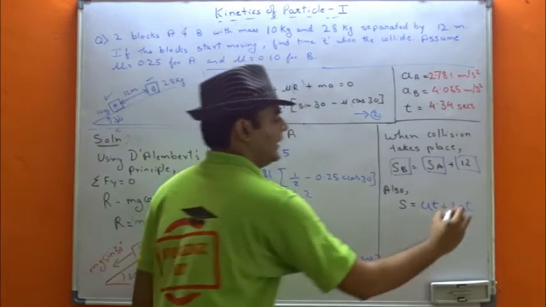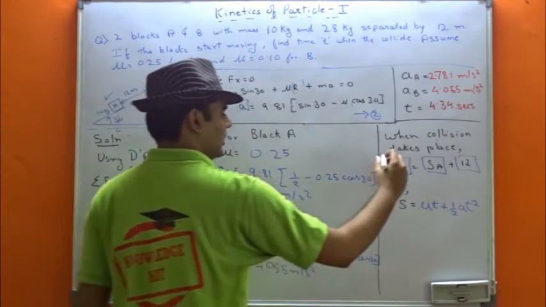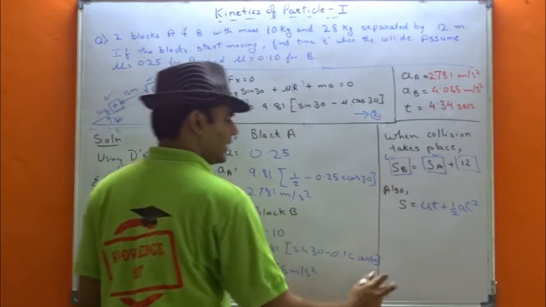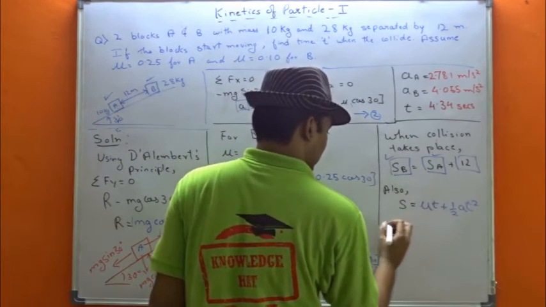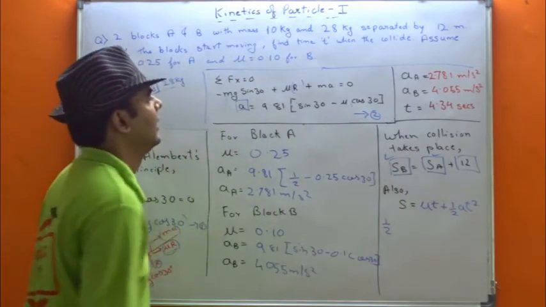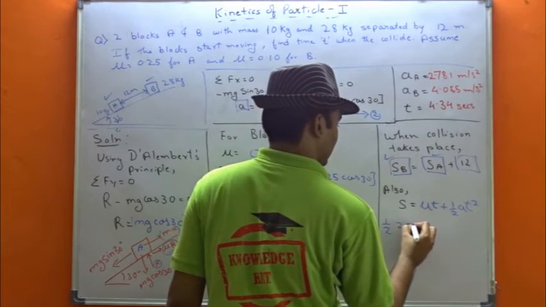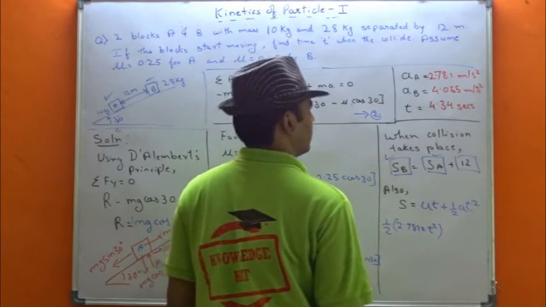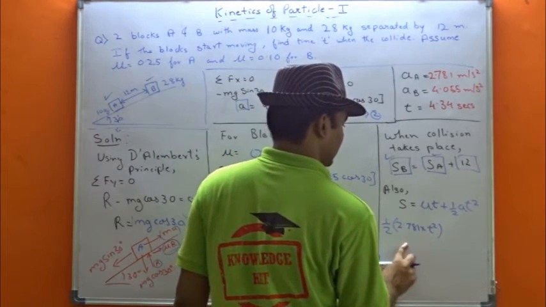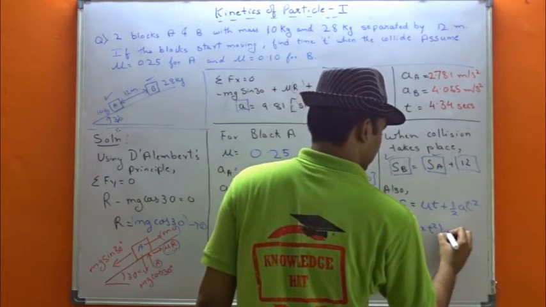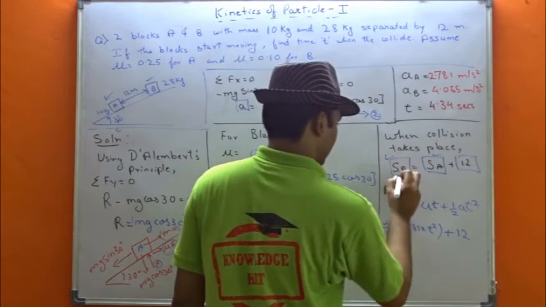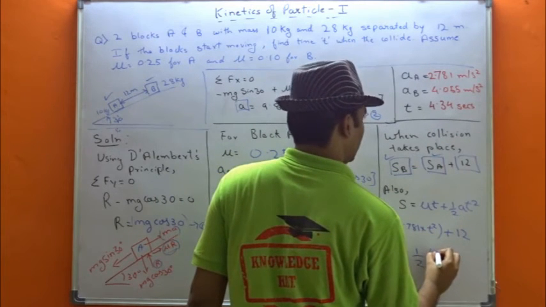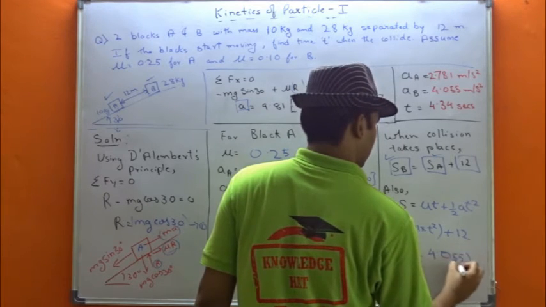Now using this formula for both cases, and taking the initial velocities as 0, for block A we get half into acceleration 2.781 into t square, and this is equal to the distance traveled by block B minus 12, which would be half into acceleration of block B, that is 4.055, into t square.